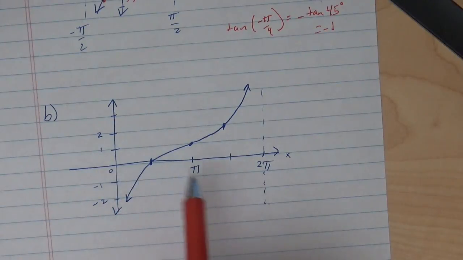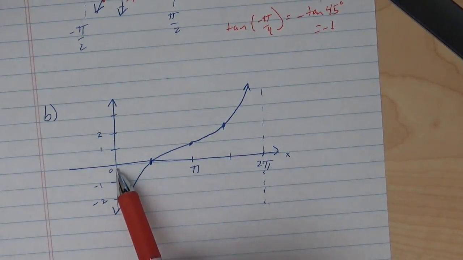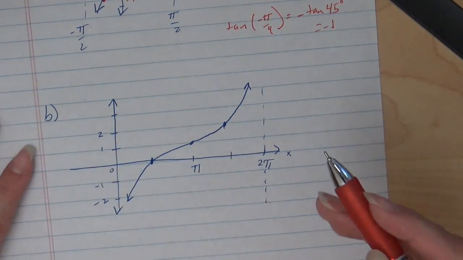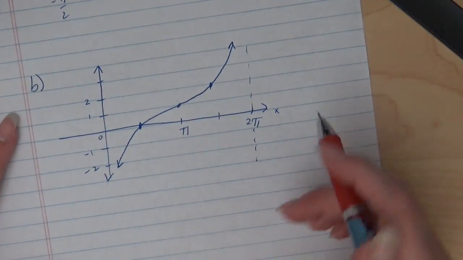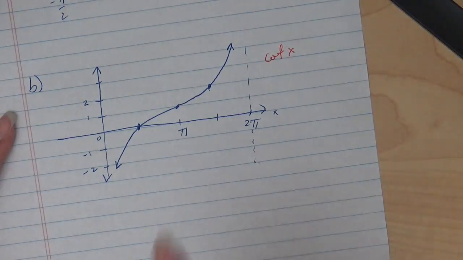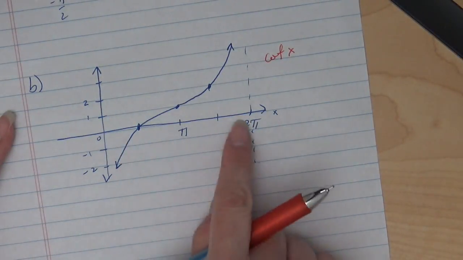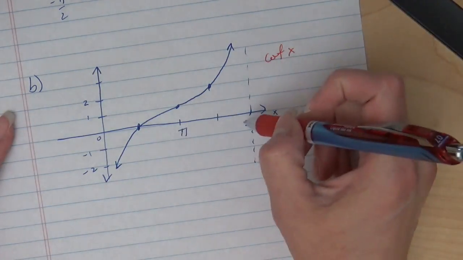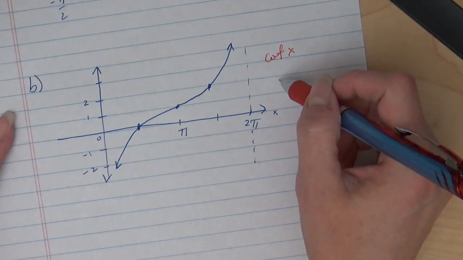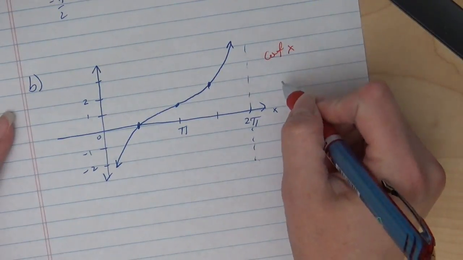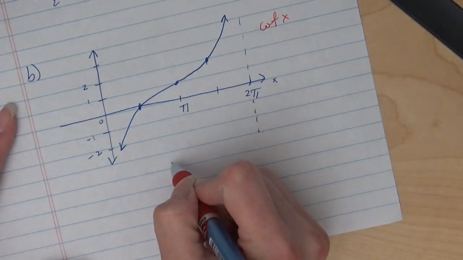So what we need to figure out is, we're thinking cotangent just because of the vertical asymptotes starting from 0 and going out this way. But again, you might be thinking something else, and it's okay. If I think about the cotangent function but I notice my period is different, how do I figure out what b value I need to get the period where it needs to be?